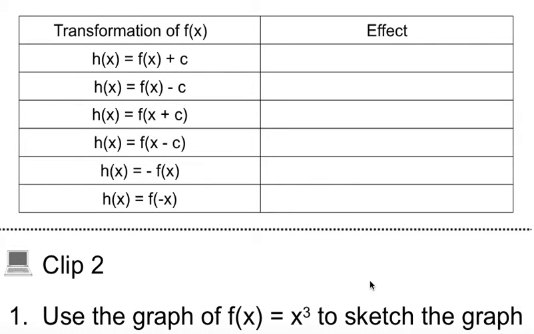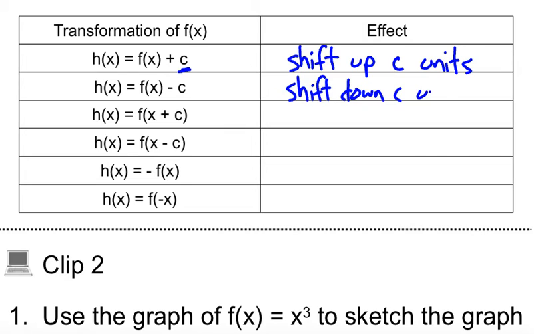So if we have a function and we add c, the effect that that's going to have is it's going to shift up c units. So whatever you add over here for the c, it's going up. If you subtract c, that's going to shift down c units.